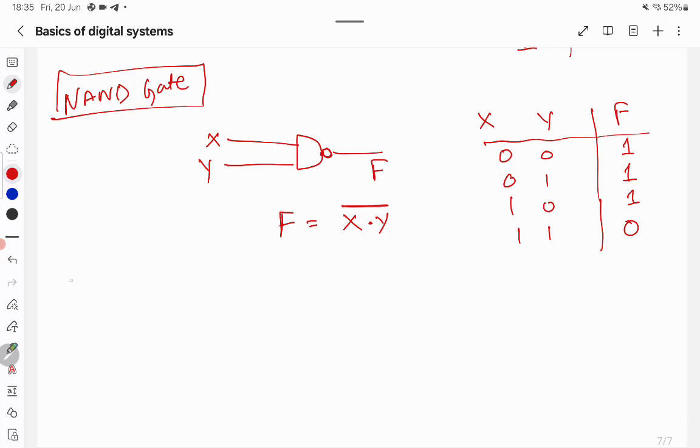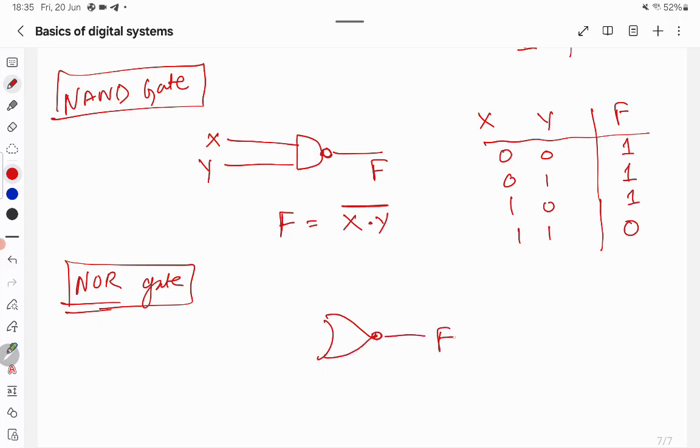So if you move here, the NOR gate. The NOR gate can be represented like this: an OR gate with a NOT symbol in the front. This is the function output. These both are the inputs. F can be written as X or Y, like we used to write, and a NOT on the top.